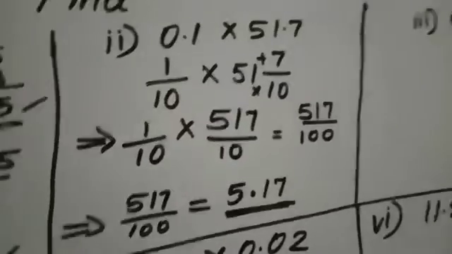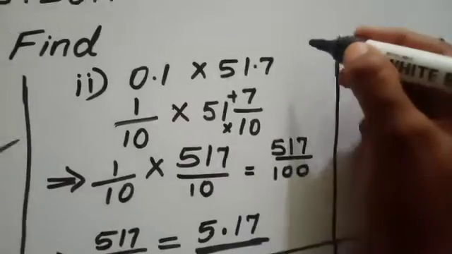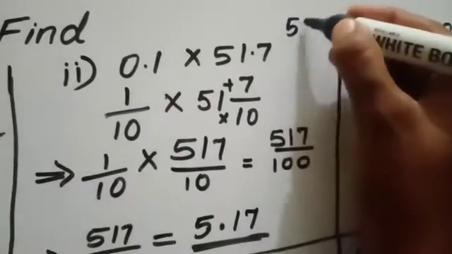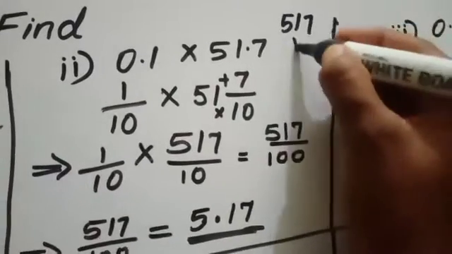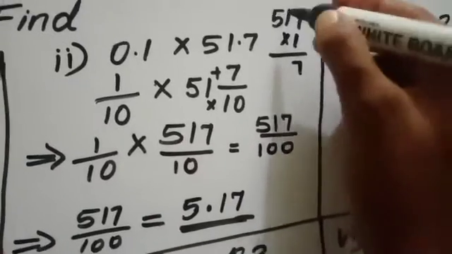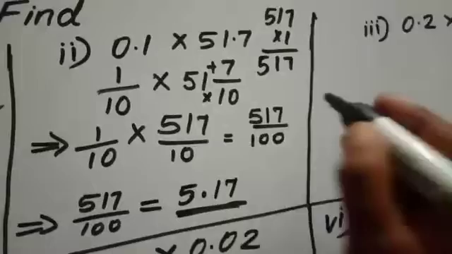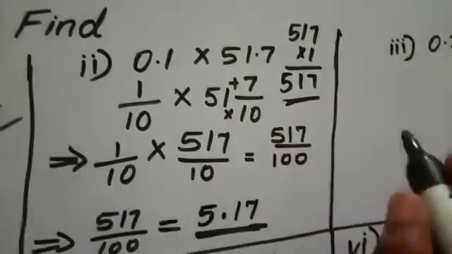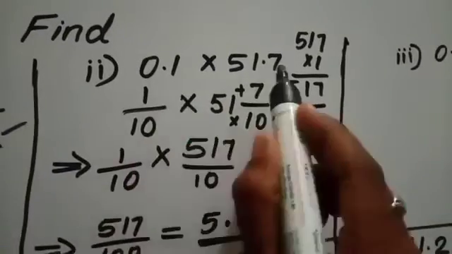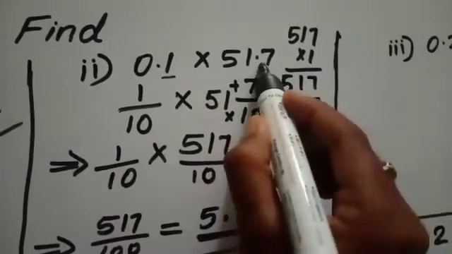Or you can do the other method, that is by direct multiplication. By ignoring the decimal places, you multiply by 1. 1 7s are 7, 1 1s are 1, 1 5s are 5. Now after getting the product, you have to count how many decimal places are there. Here one place is there, here one place.